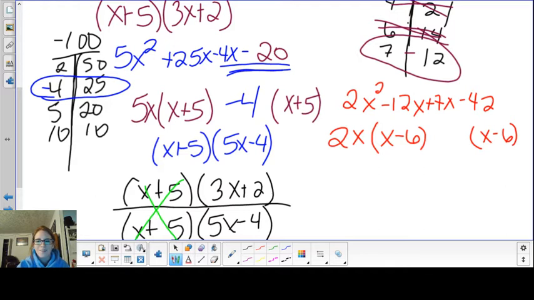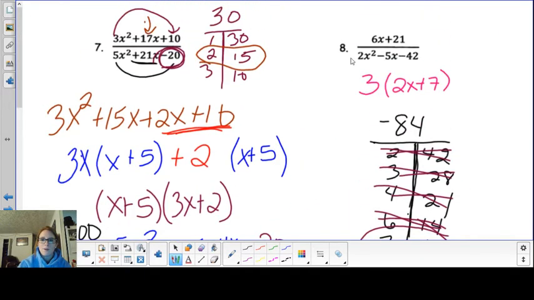What's 7x divided by 7? Excuse me, let me try that again. What is 7x divided by x? It's negative 42 divided by negative 6. Ooh, 7. So I get x minus 6 and 2x plus 7.